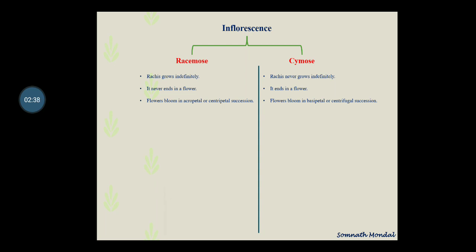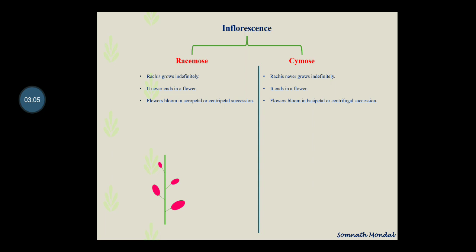Now let's see the diagram. So on peduncle and pedicel, flowers are there, and the lowermost flower blooms first, and thereafter the apical buds. So therefore the lowermost bud has been matured first, and then thereafter towards the apex.